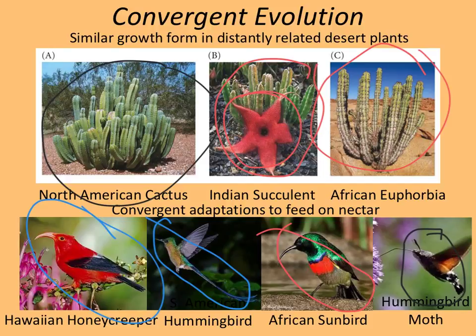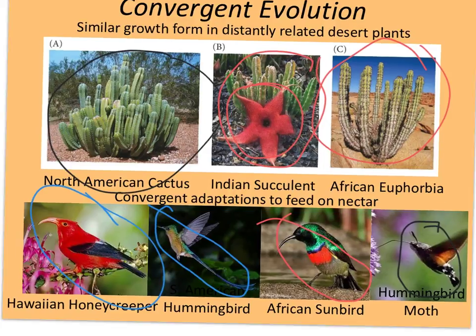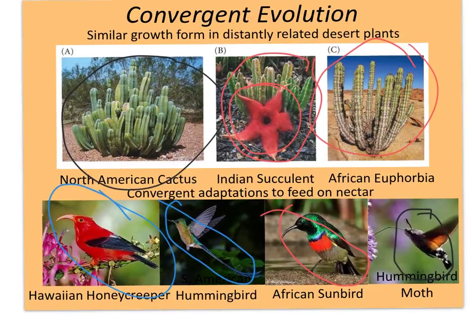African sunbird, similar. Feeds on nectar, pollinates. And then a moth that's not a hummingbird or a bird, it's an insect, but it occupies the same sort of niche.